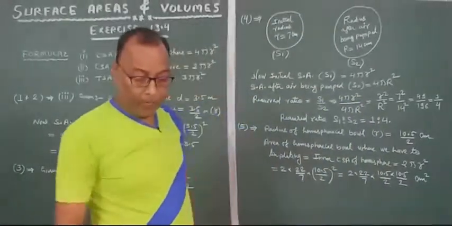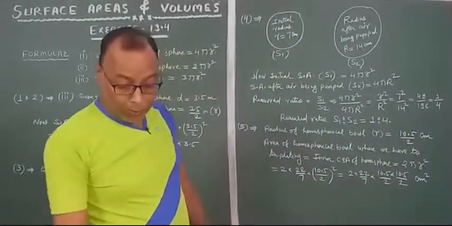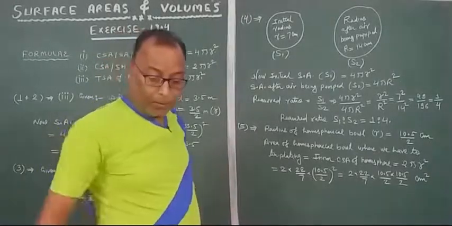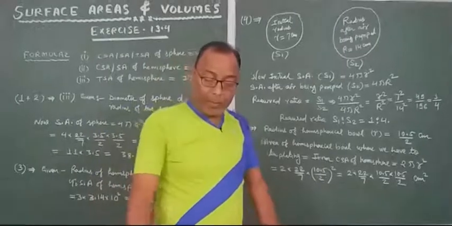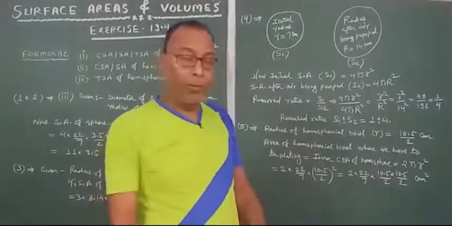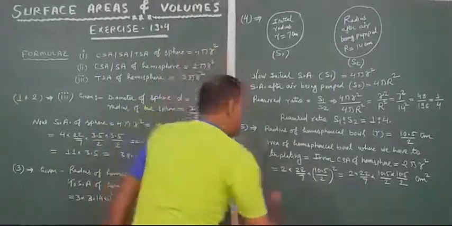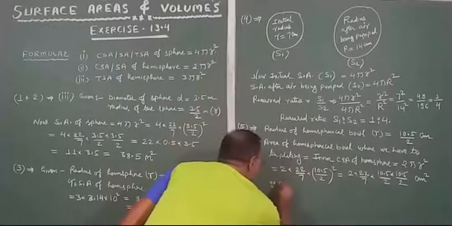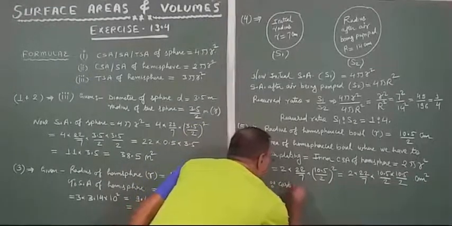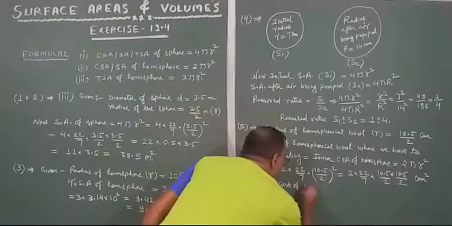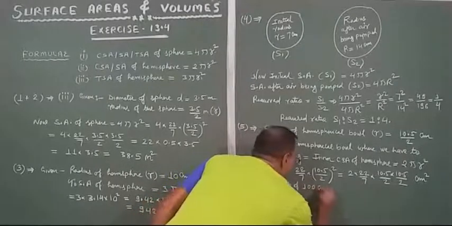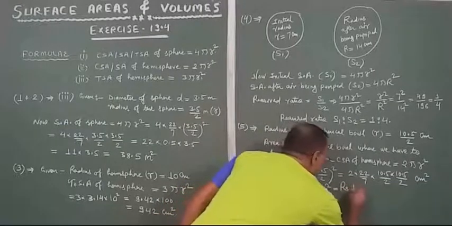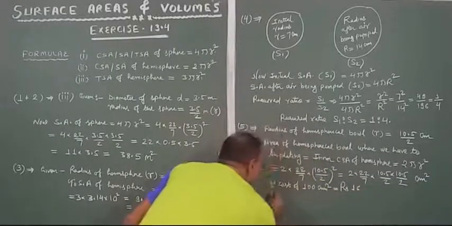Now the total cost of tin plating. The cost of 100 centimeter square is given as rupees 16.